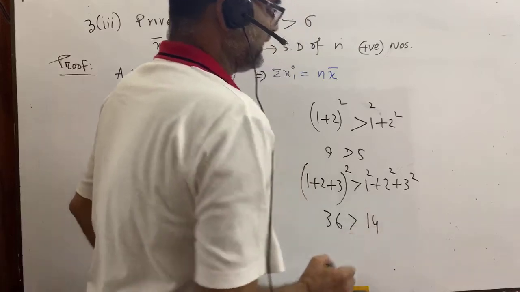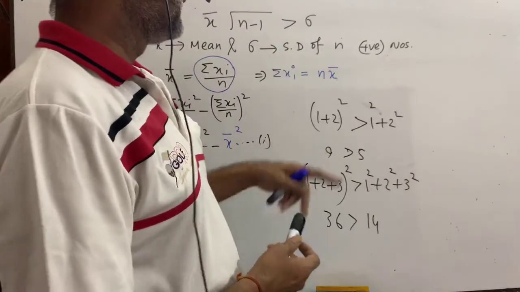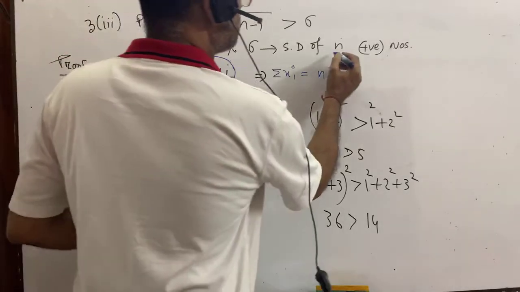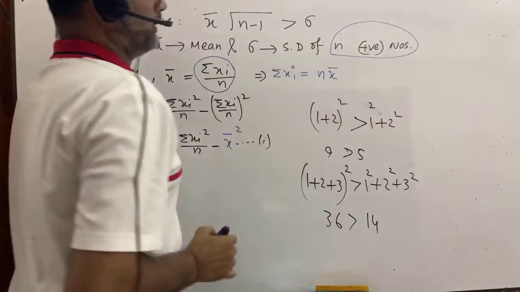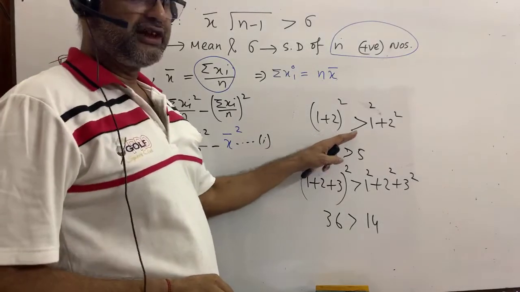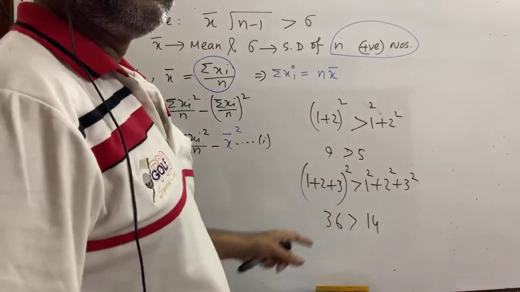It is possible if and only if the data are positive. I told here n is positive. So the whole square is greater than the sum of the squares, right?